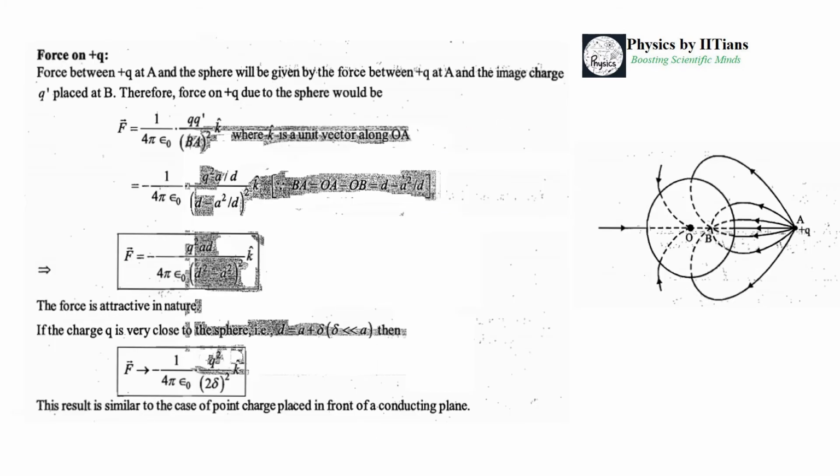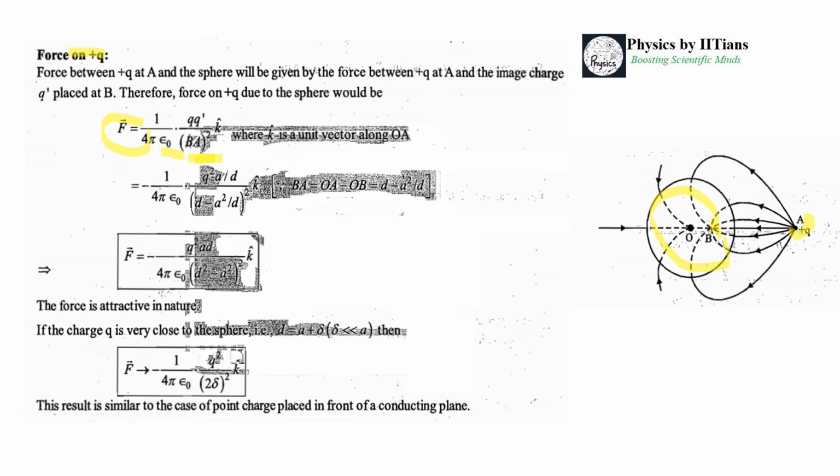So what will be the force on the positive charge plus Q due to this induced charge? If you want to know the force, then you have to take the simple Coulomb law, that is F equals 1 by 4 pi epsilon naught Q into Q prime divided by BA square K cap, where BA is the distance between the image charge and the real charge.